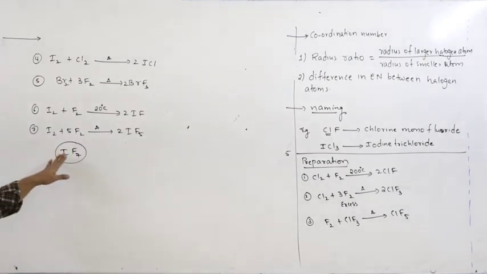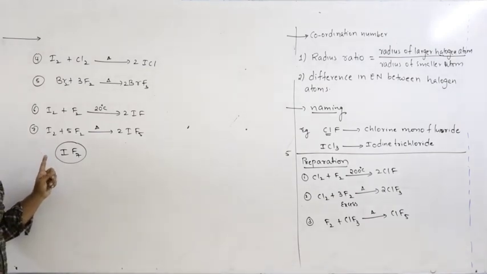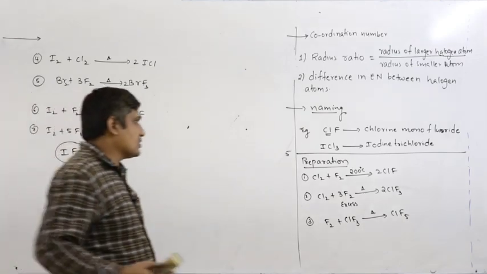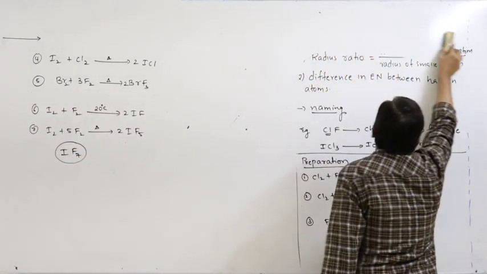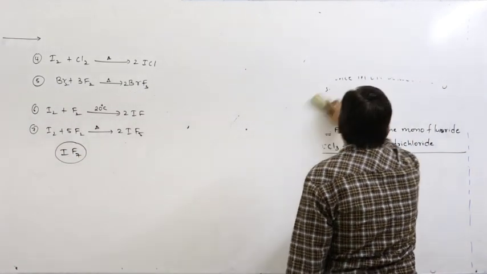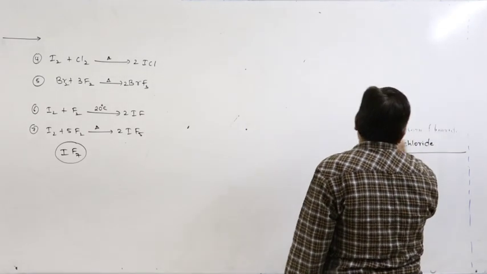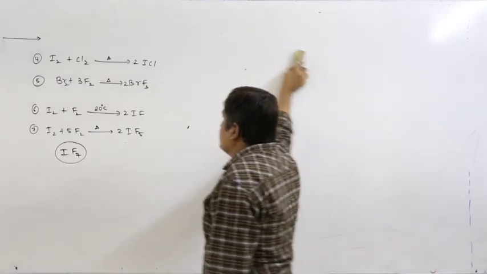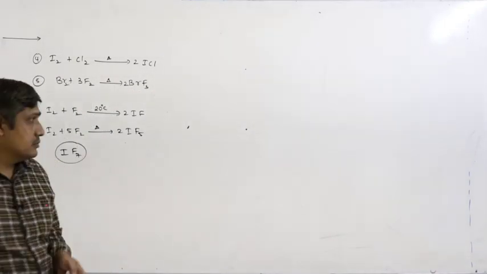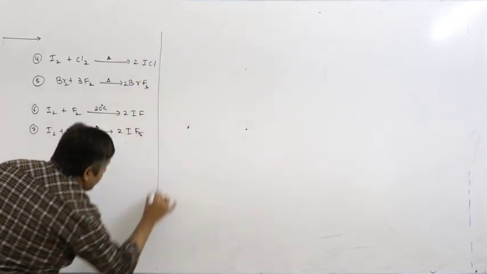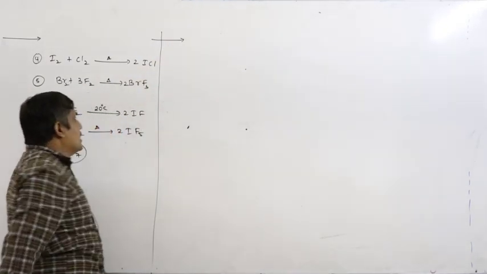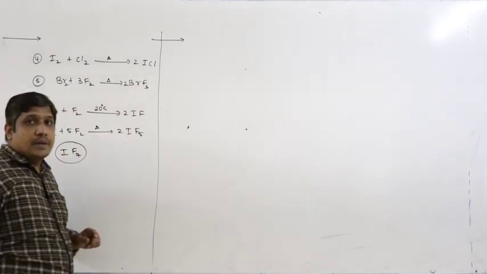So IF7, or AX7 type of interhalogens, are formed only by combination of iodine and fluorine. Right, so this is about preparation methods.